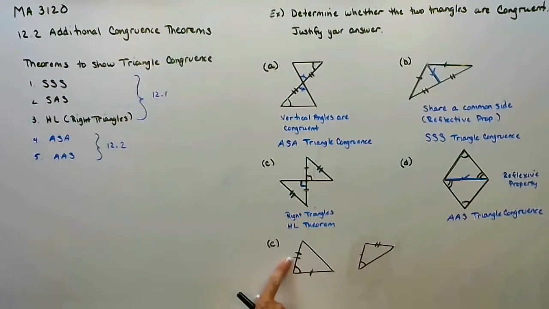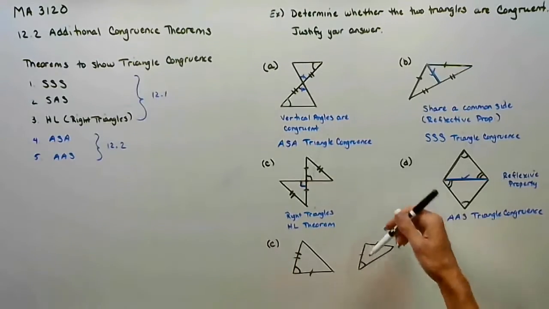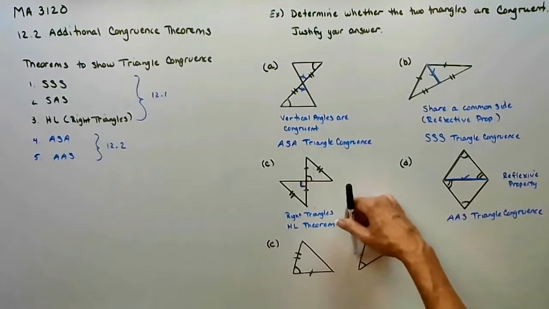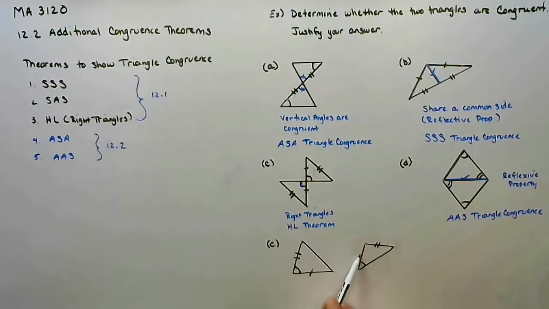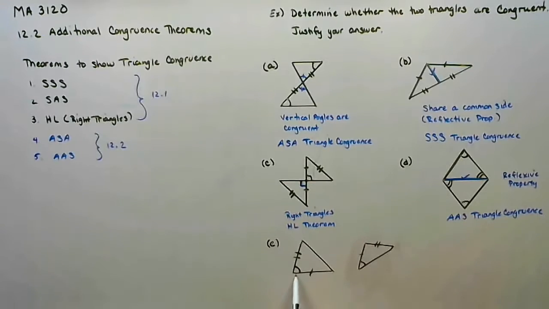Do I have the exact same thing on the other triangle? If I go from the side with 1 mark to the angle to the side with 2 marks, I should have a side with 2 marks on the other side of that angle. So they have to look like they go in the same order: 1 mark, included angle, 2 marks.